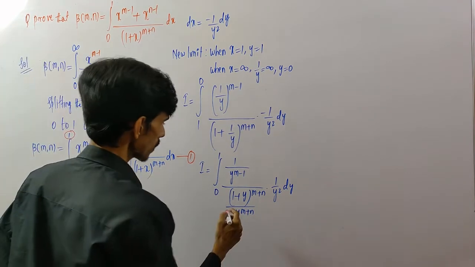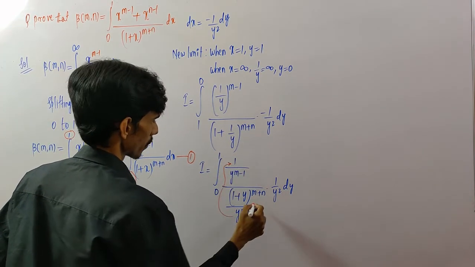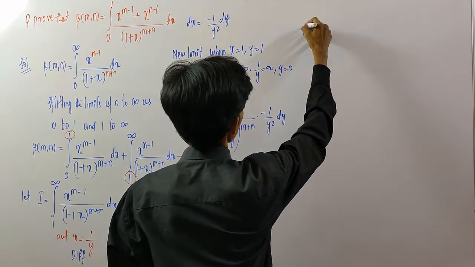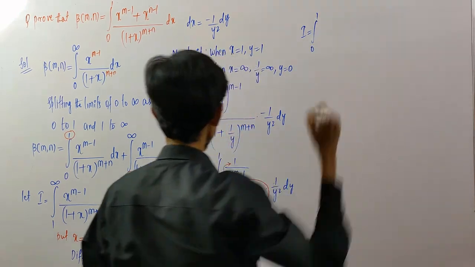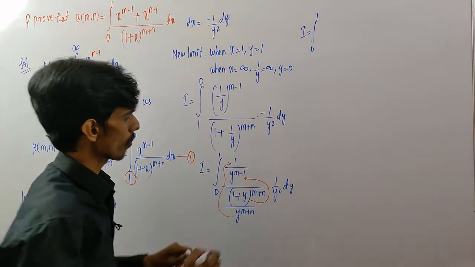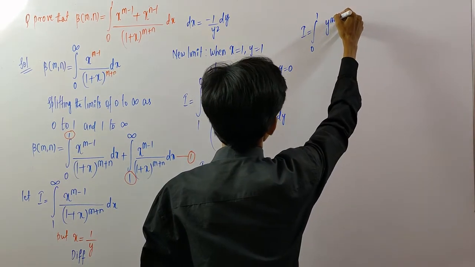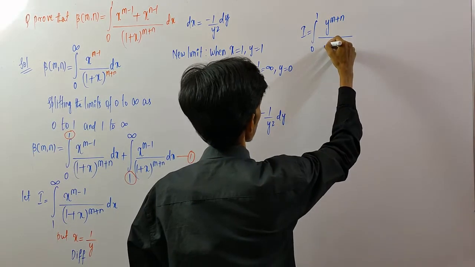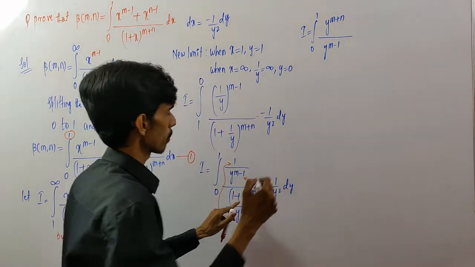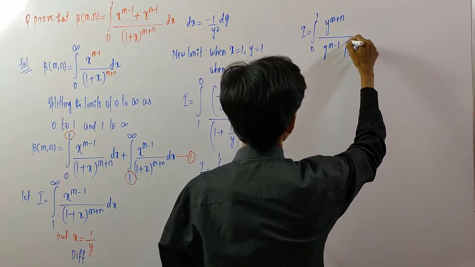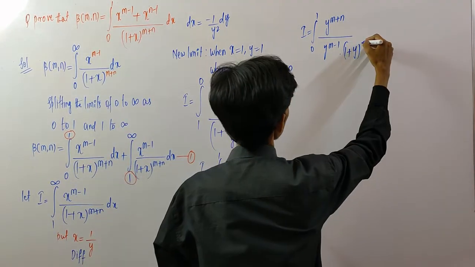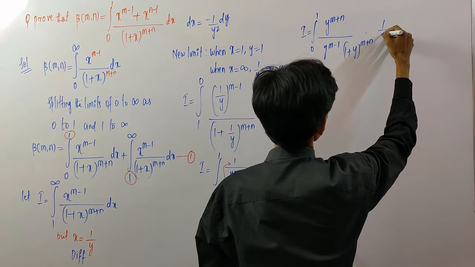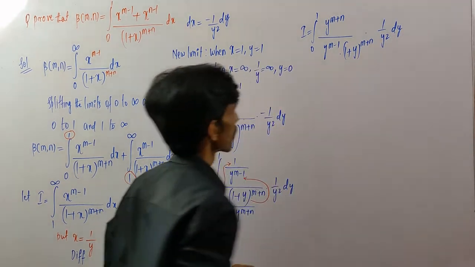Now this term will come to the numerator and this term will come here. So this I will become integration 0 to 1 of y power of m plus n divided by y power of m minus 1 into 1 plus y whole power of m plus n, into 1 by y square dy.